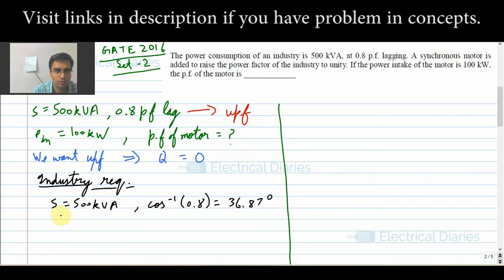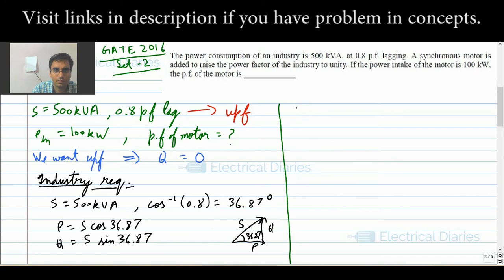Now you can easily calculate from the power triangle. This is your S, this is your P, this is your Q, and this angle is 36.87. So your P will be S cos 36.87 and your Q will be S sin 36.87. These are your P and Q.